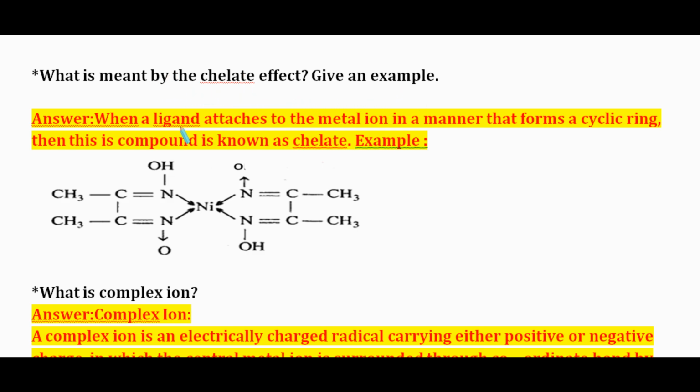Give an example. When a ligand attaches to the metal ion in a manner that forms a cyclic ring, then this compound is known as a chelate. Example, this is the structure of a chelate. These are the ligands and this is the metal ion, and they form a cyclic structure or ring. This compound is known as a chelate.